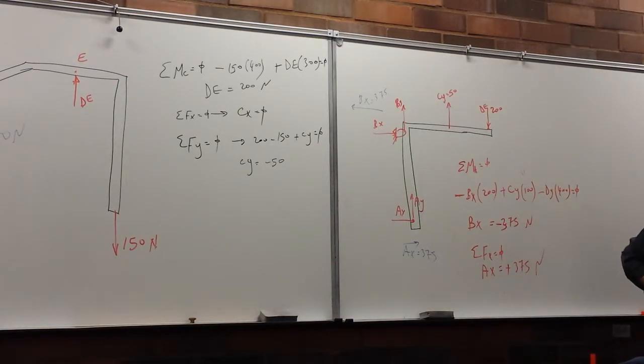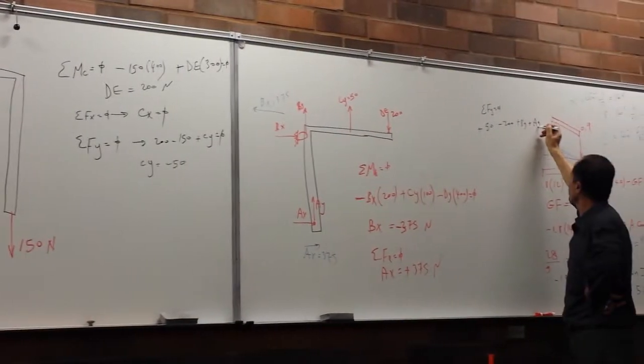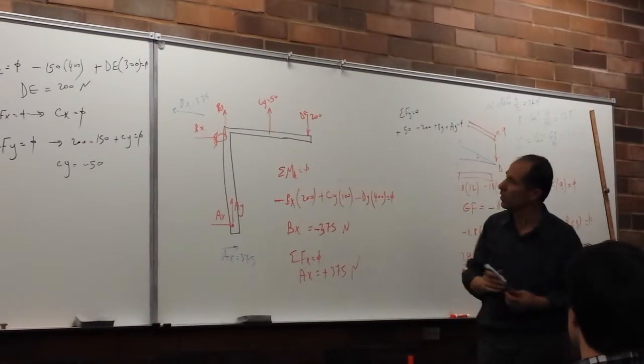What is remaining here? Sum of forces on Y is going to give you 200. Sum of forces on Y equals 0. I have 50 positive, 200 negative, BY positive, and AY positive, equals 0.